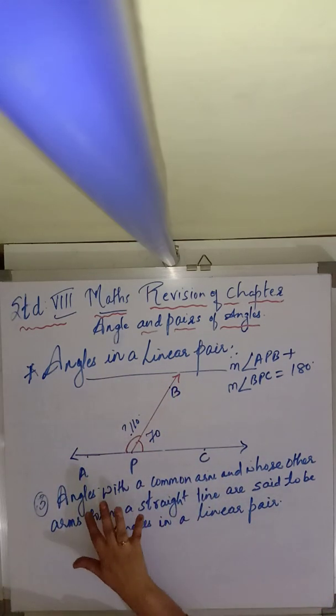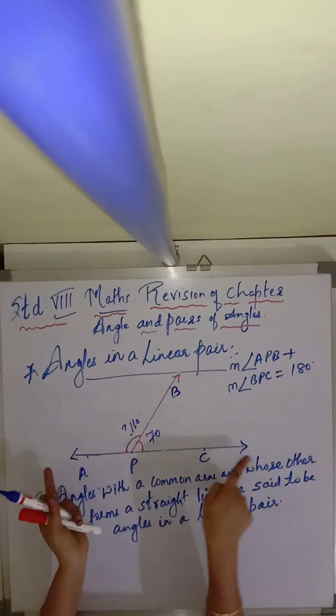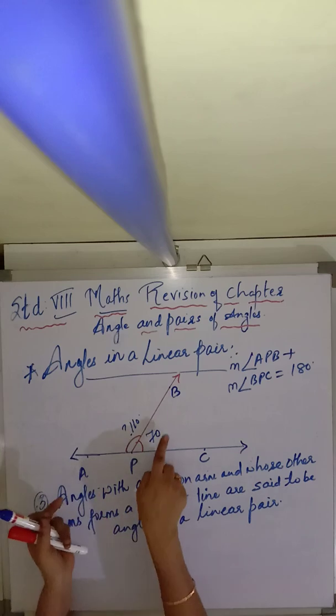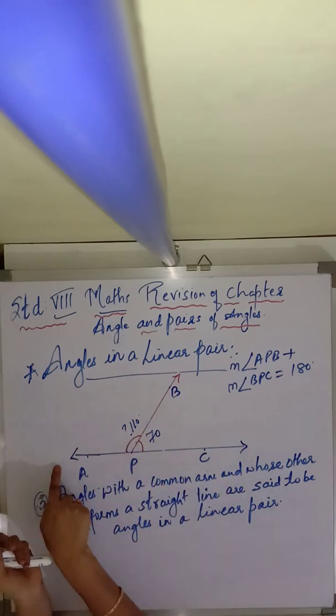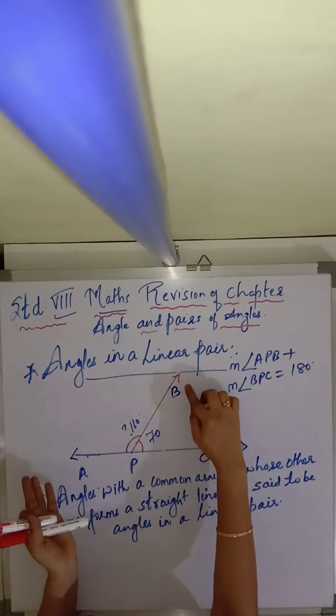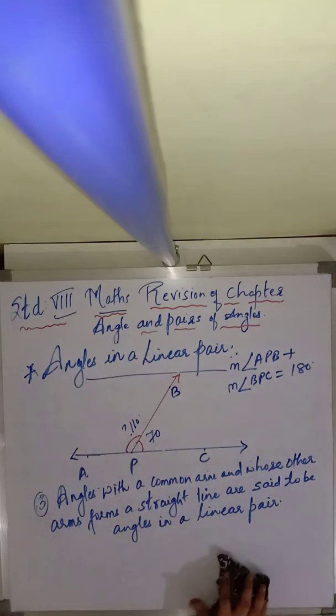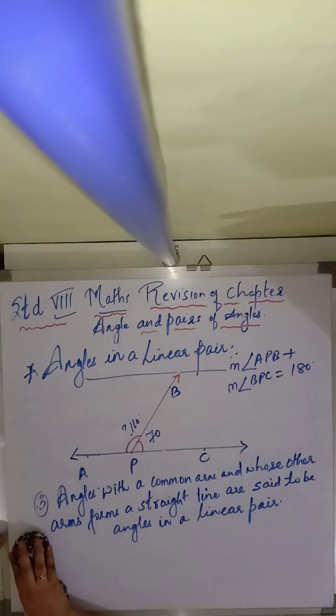These are opposite rays forming a straight line, and here is one common arm. So such angles are said to be angles in a linear pair. Now you will copy down this last third point.